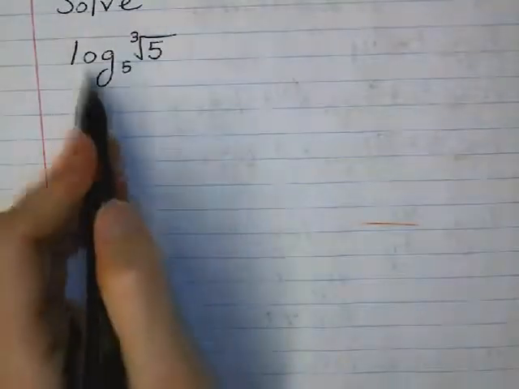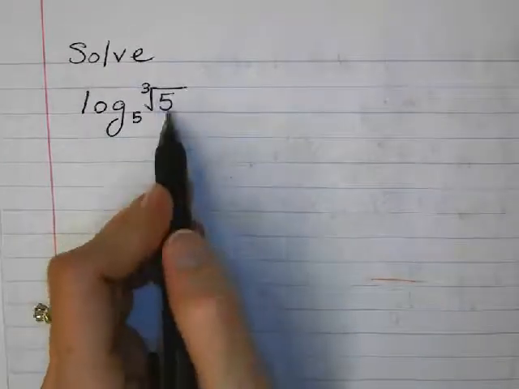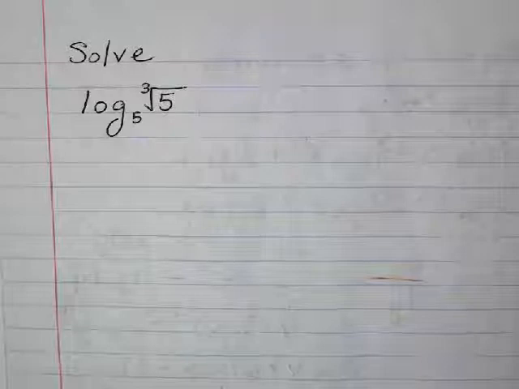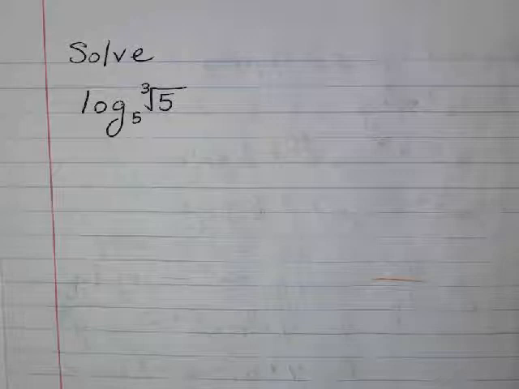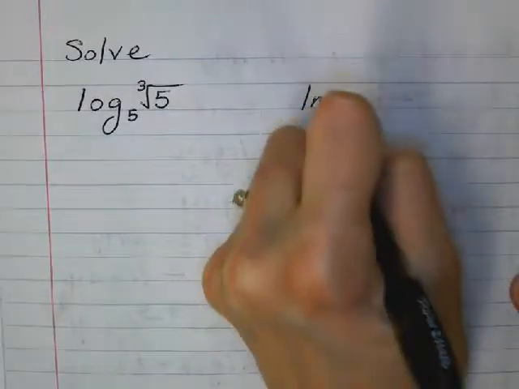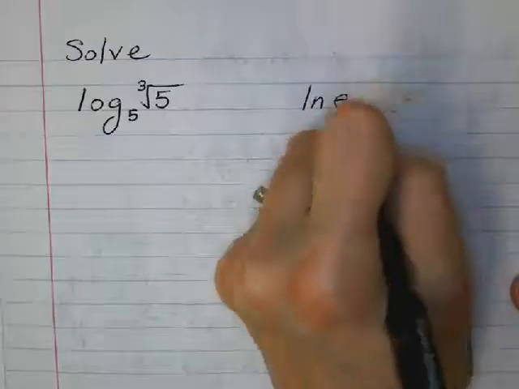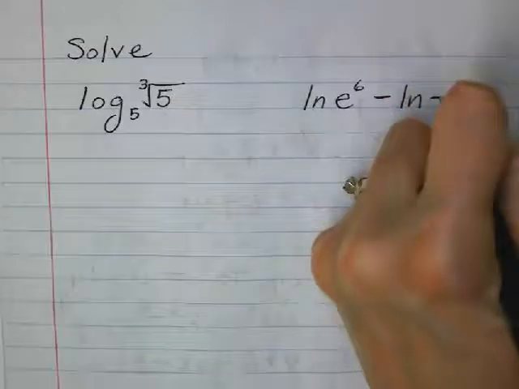Solve log base 5 of the cubed root of 5. We'll do that one, and then I might as well write the other one. We're also going to solve natural log of e to the 6th minus natural log of e squared.